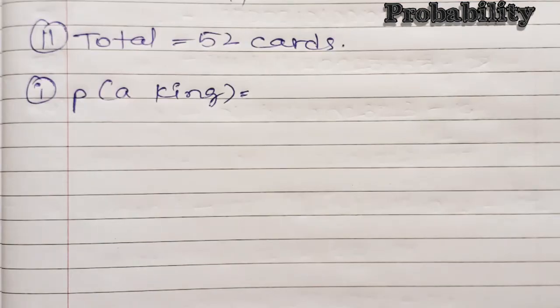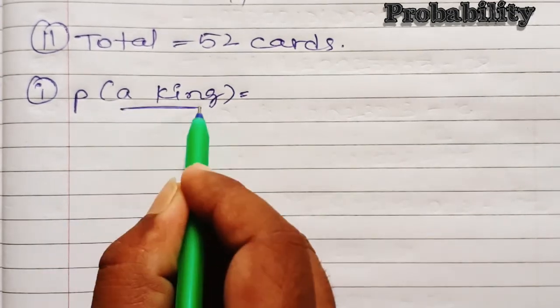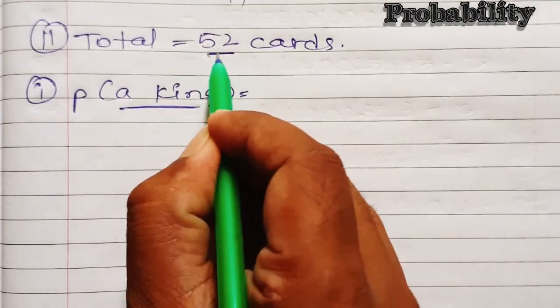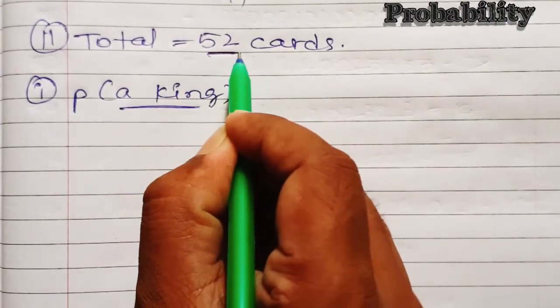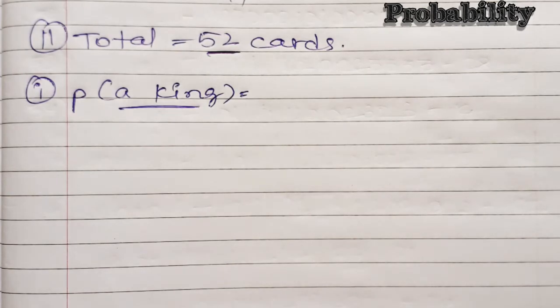Now if we go through the 11th question, the first part, it is a question based on cards as I've said. Now it is given to find the probability of a king. As we know that the total number is 52 cards. So 52 cards, how many shapes are there? There are 4 shapes. So according to that, 4 shapes means what? How many kings?